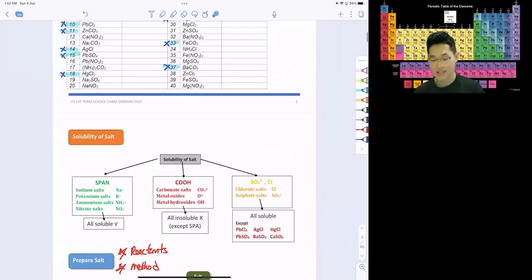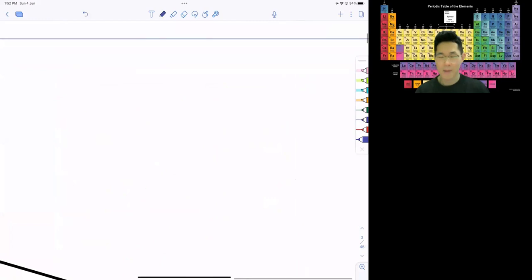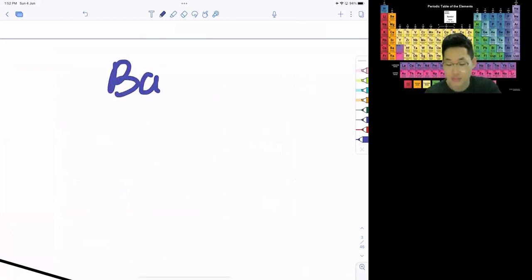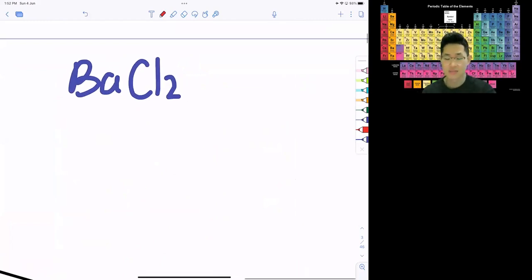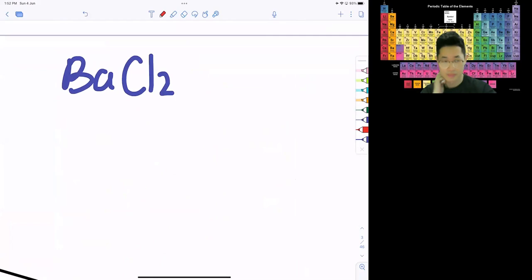Okay, like first, I want BaCl2. BaCl2 should use the first cross, second cross, or third cross to find the reactants? Josiah, very good.